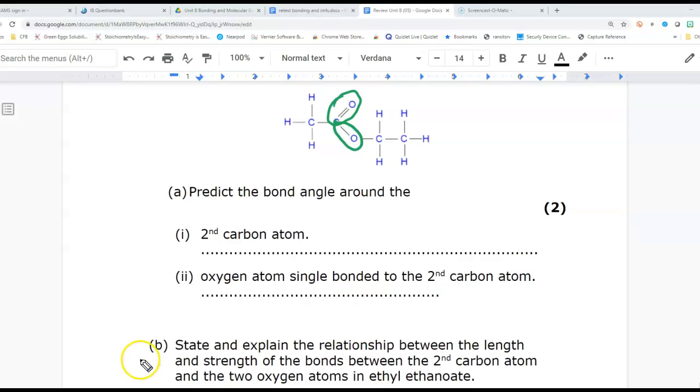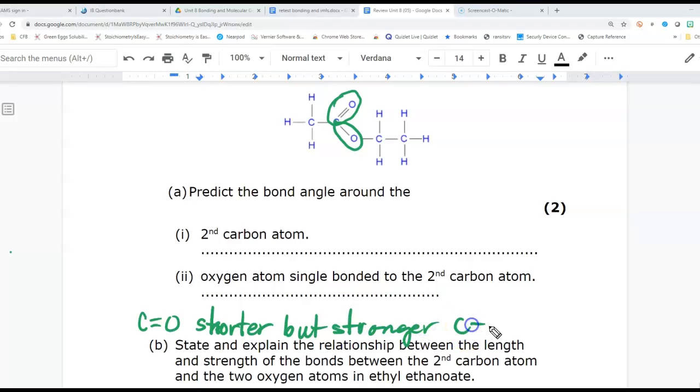So to answer this question B, we would have to say that the C to O double bond is shorter but stronger than the C to O single bond. Basically, double bonds are shorter and stronger than single bonds, and I think that would handle most of it right there for you.